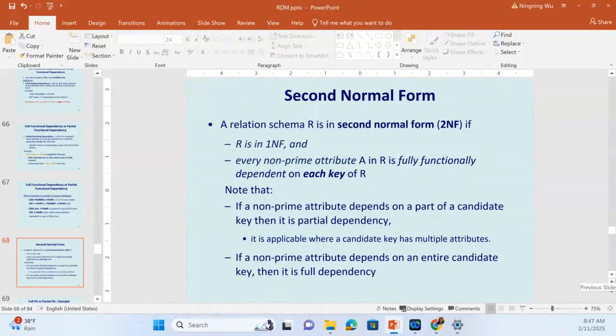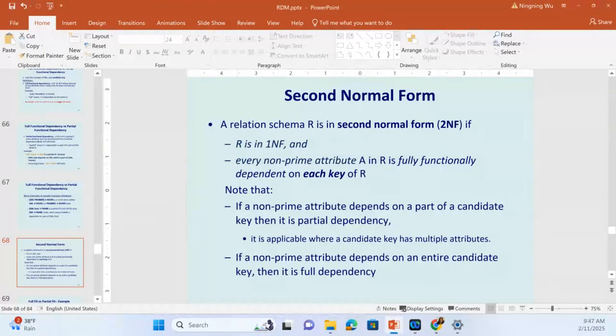Let's move on to the second normal form definition. Relation schema R is in second normal form, also called 2NF, if R is in 1NF, meaning every single attribute of R must be an atomic attribute.